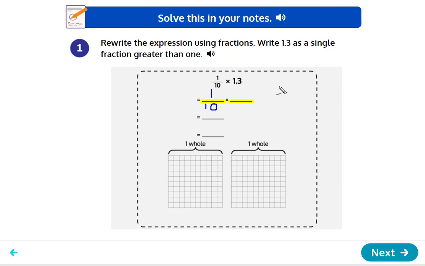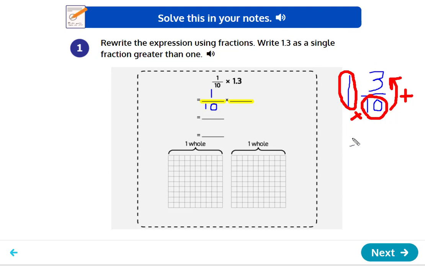But 1 3/10 is a mixed number. So let's look over here. 1 3/10 is a mixed number. So to turn it into an improper fraction, what do we do? You should remember this. Remember, we multiply the whole number times the denominator and then add the numerator.